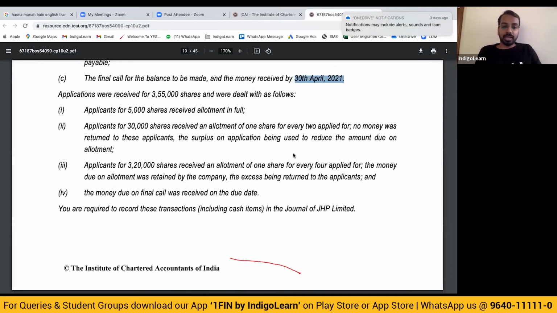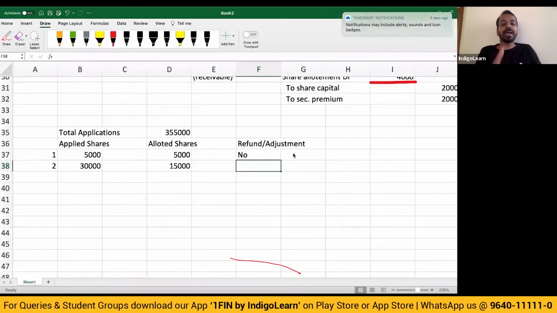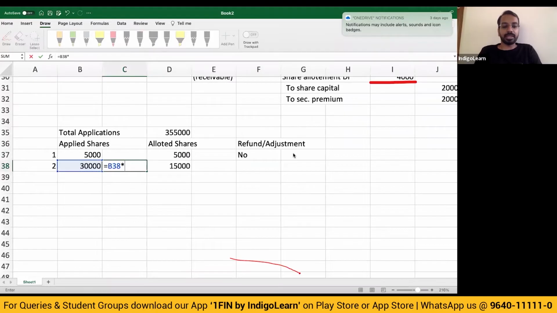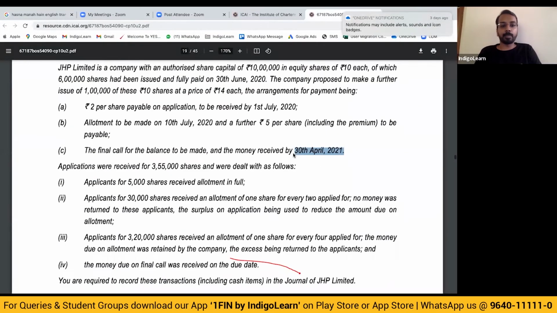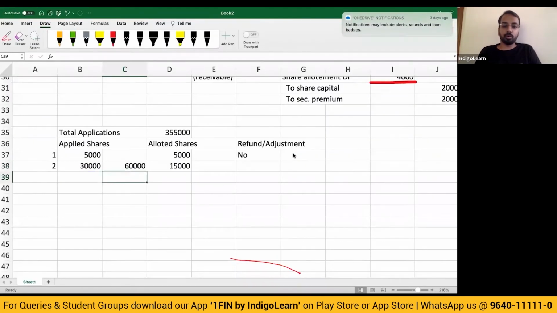No money was returned and the surplus on application was used to reduce the amount due on allotment. So think of it as a situation where you issued 15,000 shares, you got applications for 30,000 shares, and the balance, the extra amount, is adjusted against allotment. So for these 30,000 shares, the amount received would be 30,000 multiplied by 2.